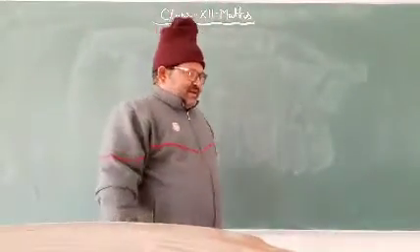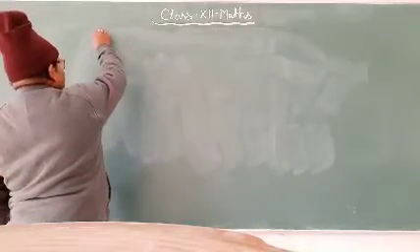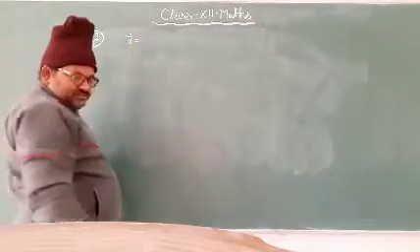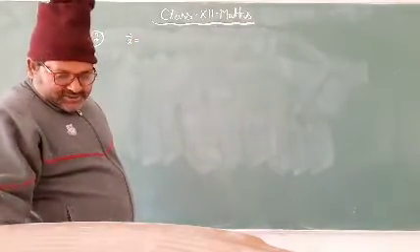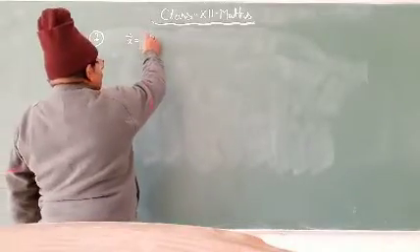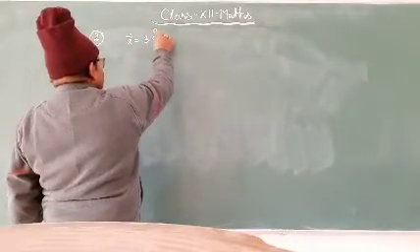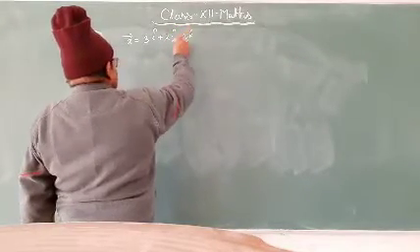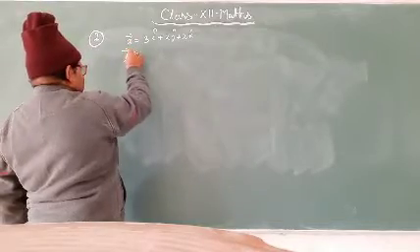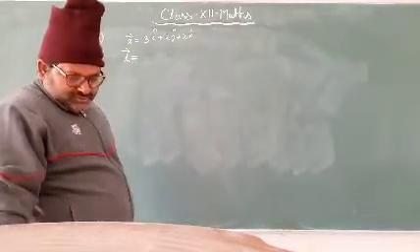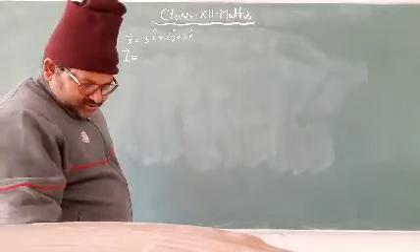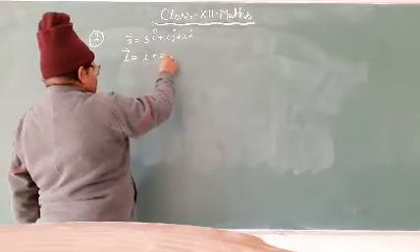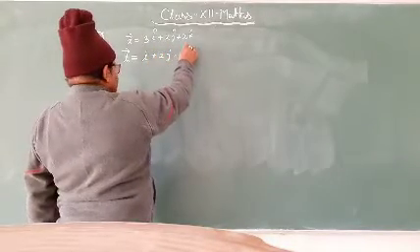Vector A equal to 3i plus 2j plus 2k, and vector B equal to i plus 2j minus 2k.